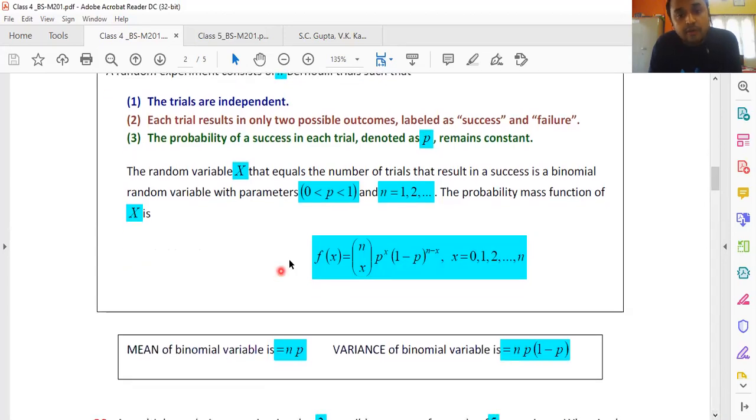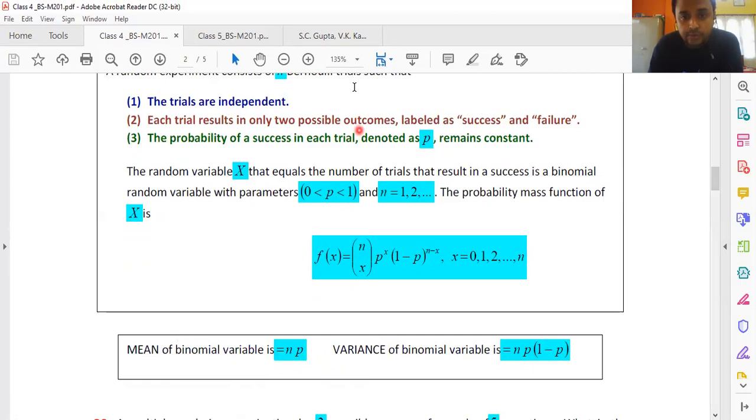The mean of the binomial distribution is defined by the formula small n into p. Mean of the binomial variable. You already know that by mean we actually mean here the expectation of the random variable. So if you consider the binomial variable capital X to be the random variable, its mean is given by the formula n into p.